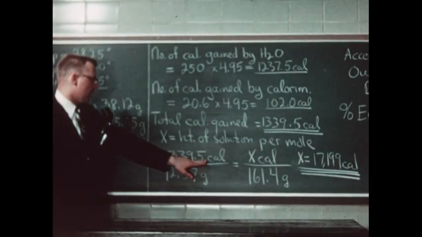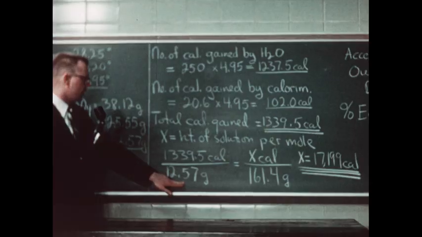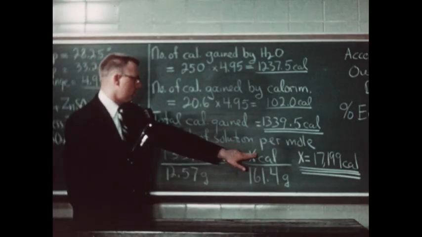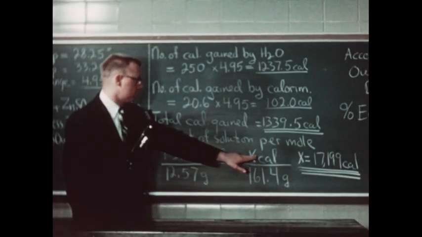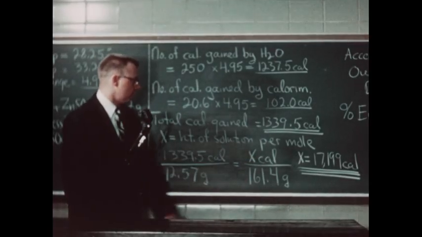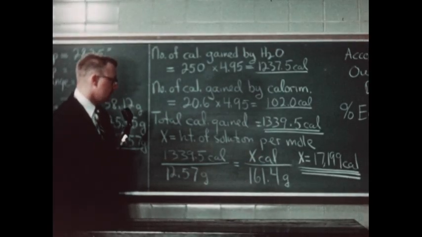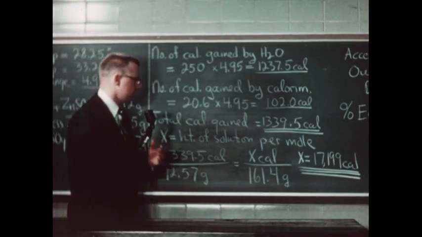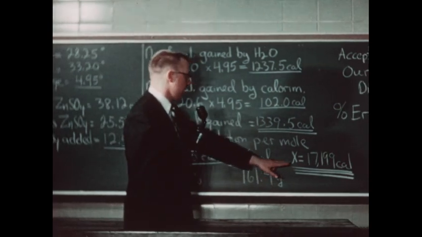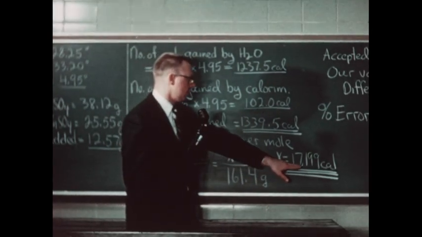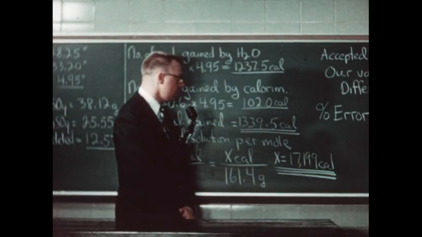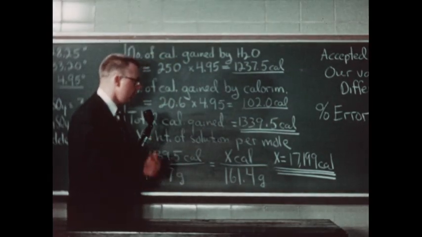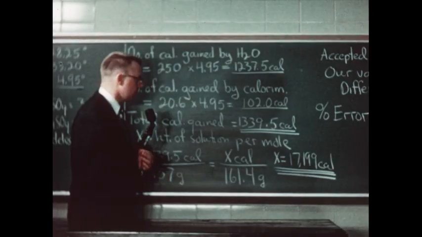The calories evolved over the weight of zinc sulfate used compared to X calories, the heat of solution per mole, divided by the molecular weight of zinc sulfate, 161.4. And solving this expression for X, we find X to equal 17,199 calories. This is our experimental value for the heat of solution of zinc sulfate.